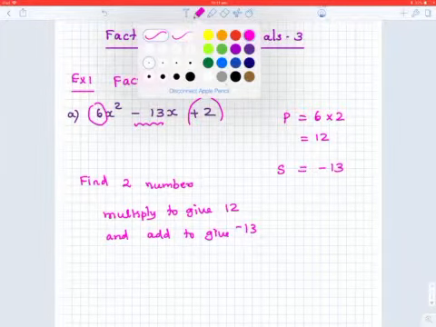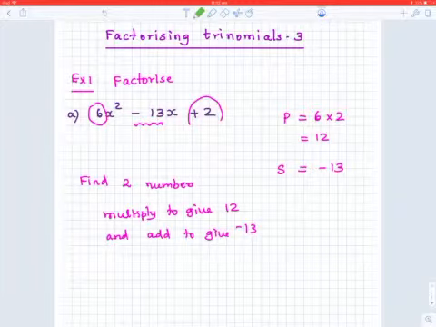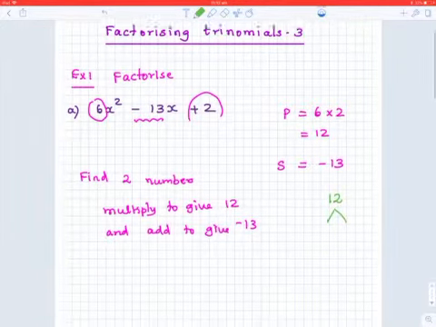Okay, so what we are going to do is look at the factors of 12 now. So we are going to put 12.